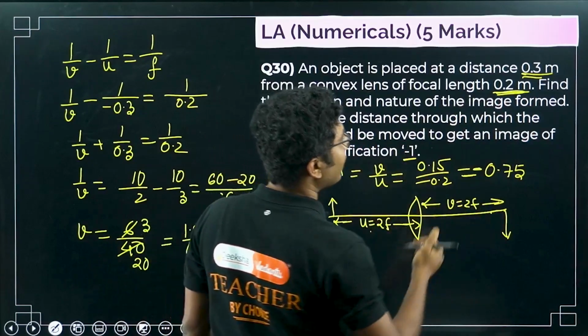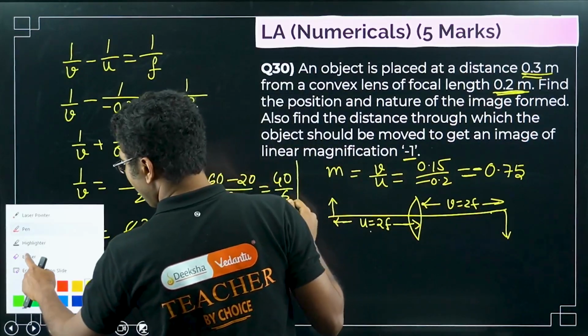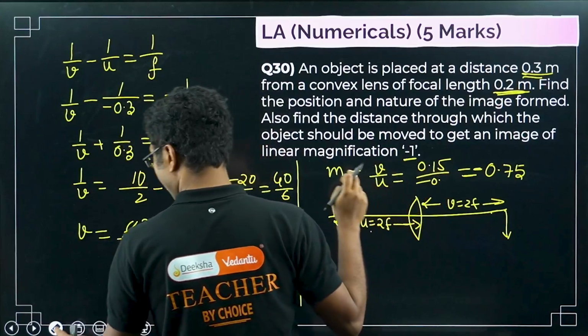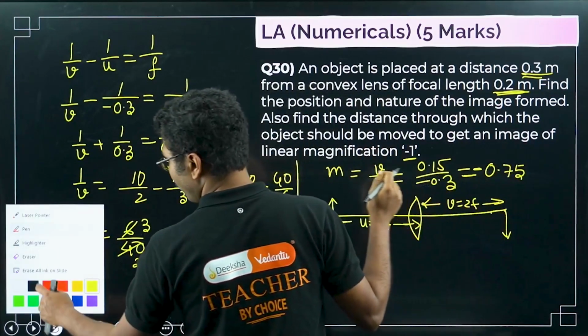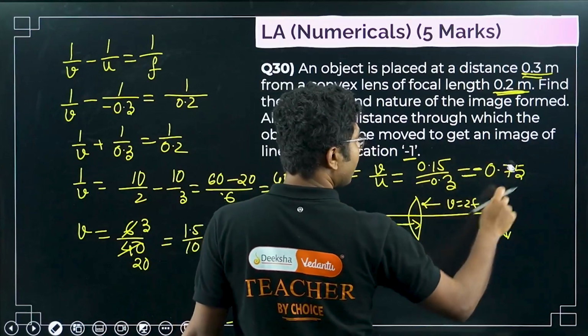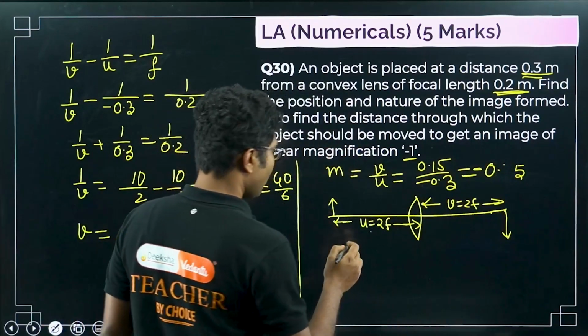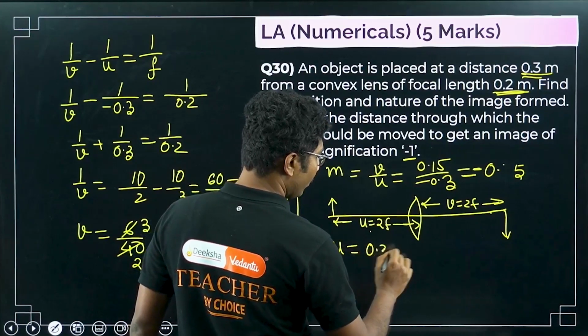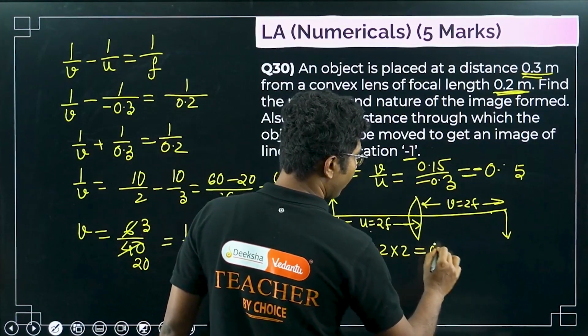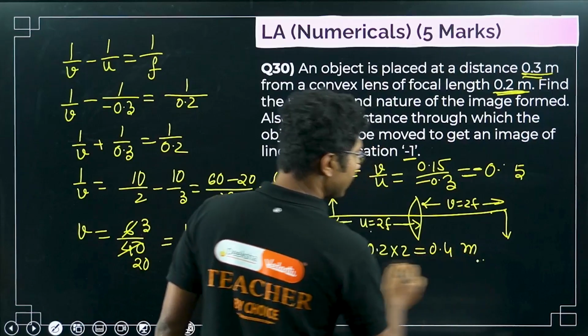Focal length, I made a mistake here. Focal length is 0.2 meter, that means the object distance will be 0.2 times 2, that is 0.4 meters. Okay, this should be the object distance.